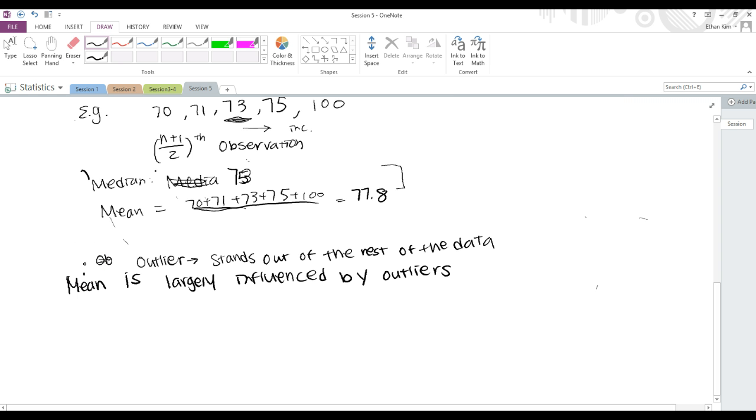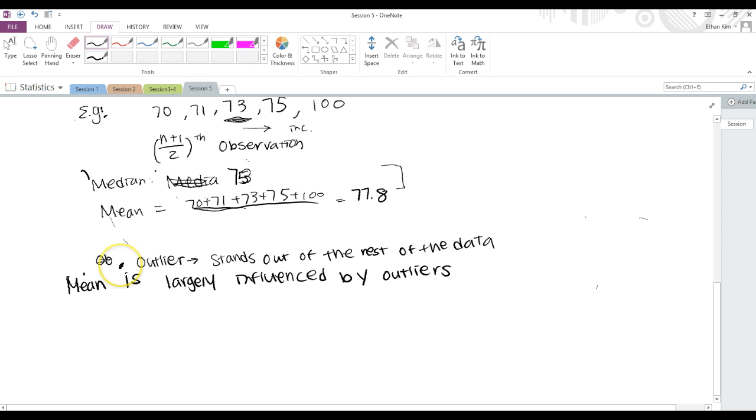Distribution is just when you're graphing or displaying the data set, how does it represent itself? So we're going to discuss this later on.